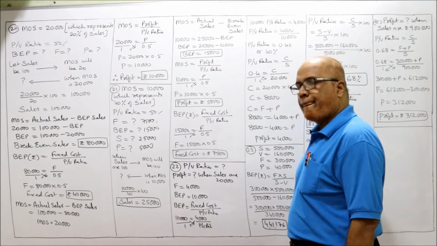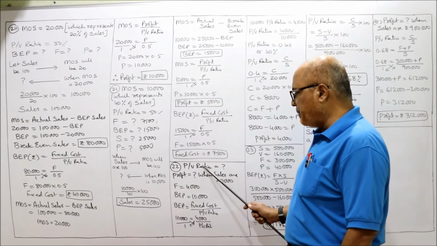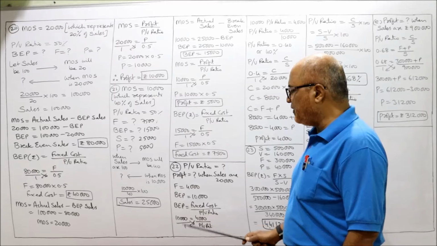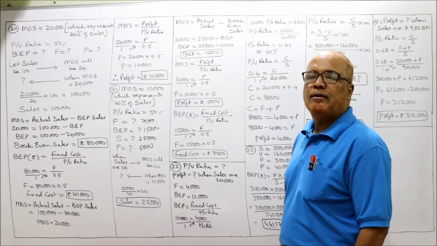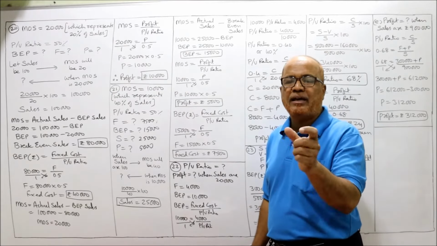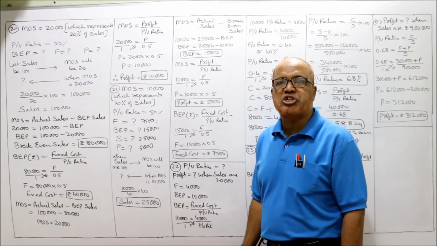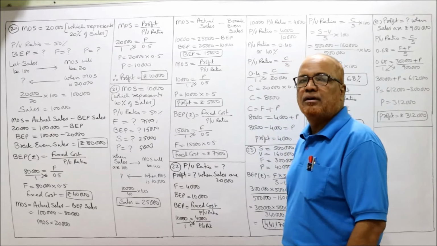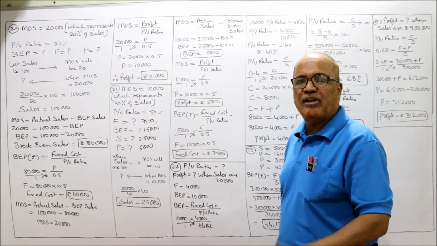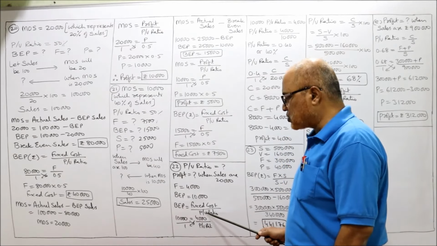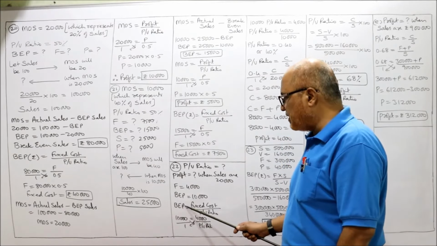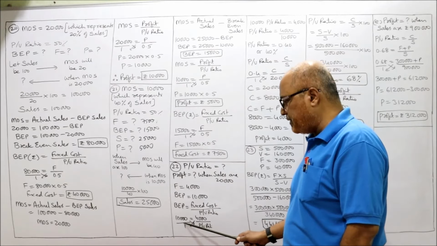That's all. Now, first we need the PV ratio. To find the PV ratio, we use the formula for BEP. What is the formula for BEP? Fixed cost by PV ratio. So BEP is equal to fixed cost by PV ratio. In place of BEP, 10,000.